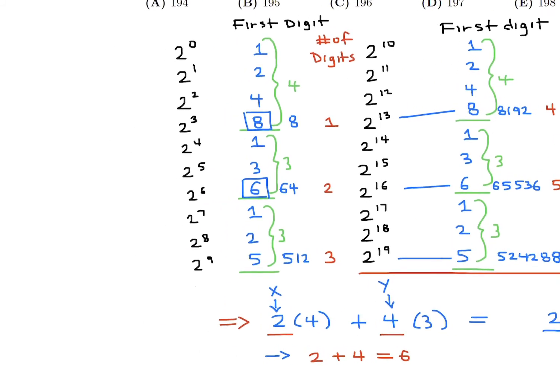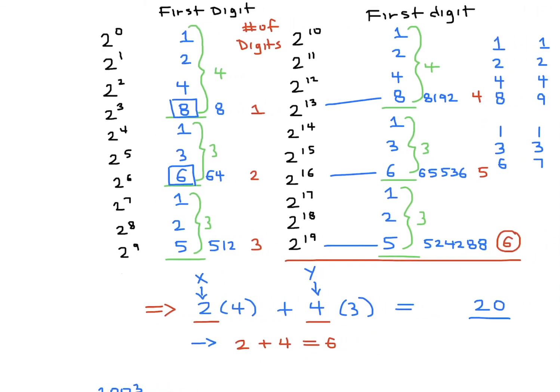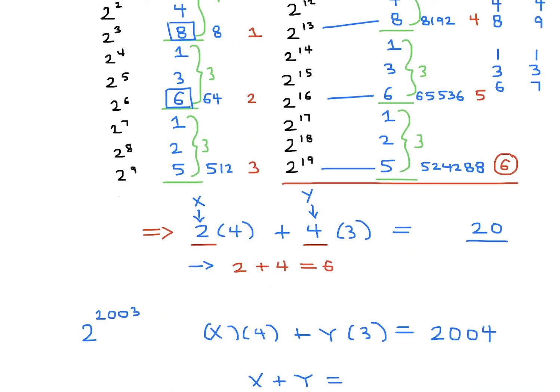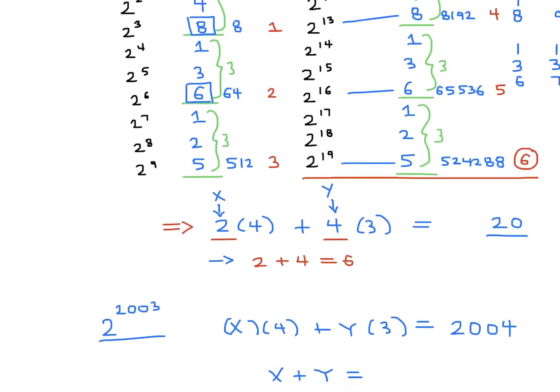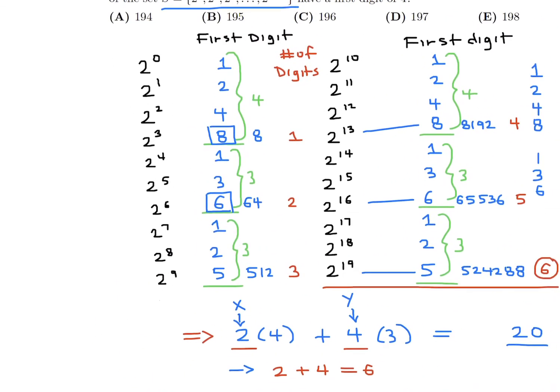All right. Well, geez, does that help me? I mean, I want to know how many digits are in 2 to the power of 2003. All right. Well, how do I work with that? Well, 2 to the power of 2004 is 1 after 2 to the power of 2003, right?